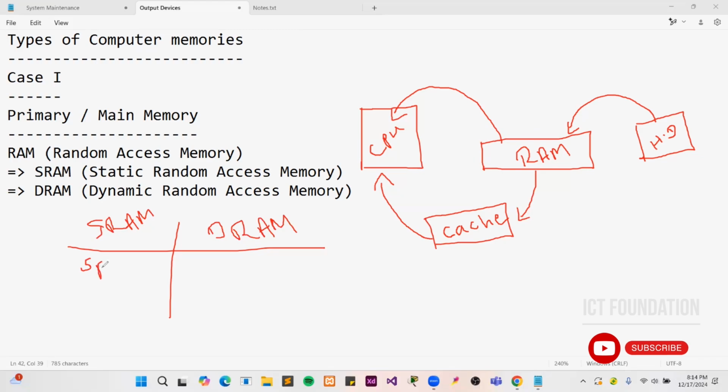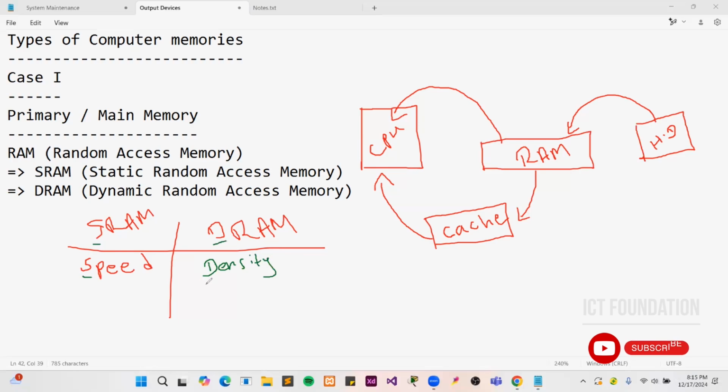First one, the speed of the SRAM is more than DRAM. We can easily memorize that because SRAM has more speed than DRAM. The S remains the speed. Then DRAM has density, that means data density.